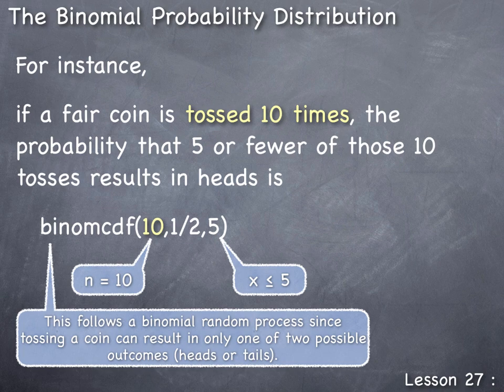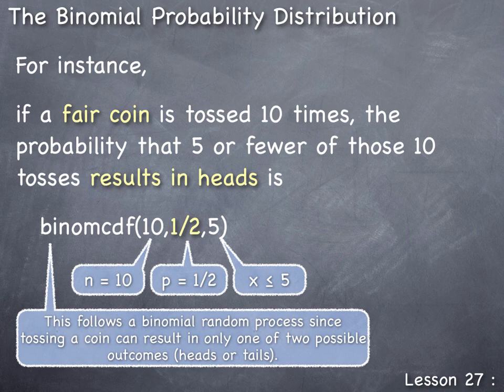In this case, the coin is tossed 10 times, thus n equals 10. The second number is the p. In this case, a fair coin is tossed, and we're focusing on the result being a head. So p would represent the probability that the coin comes up heads every time the coin is tossed. In this case, it's 1/2.